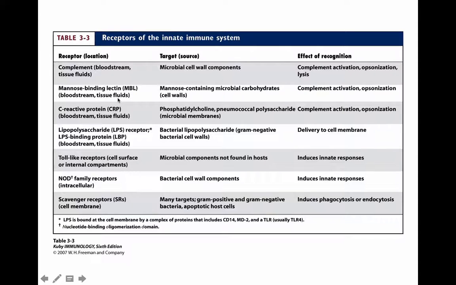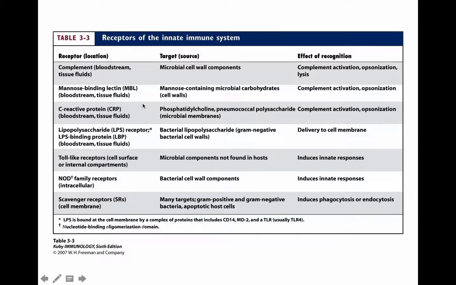Since mammalian cells typically don't use mannose, especially in polymerized forms, we have an occasional mannose sugar found in an exopolysaccharide of some sort, but for the most part, we won't have a lot of the mannose containing microbial components. And so these receptors will bind to those, whether they've seen them before or not.